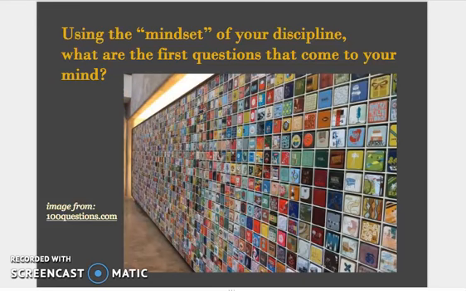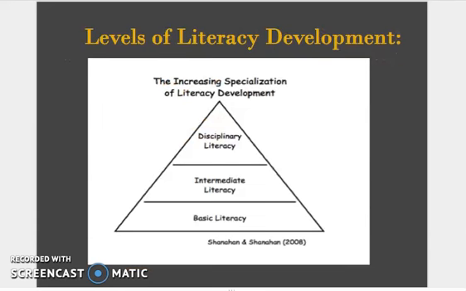So thinking about literacy, specifically disciplinary literacy as a set of processes and mindsets, one way to help us think about that is to look at literacy as occurring in various levels. So here, basic literacy, this would be the literacy that you learn in your primary years of school.